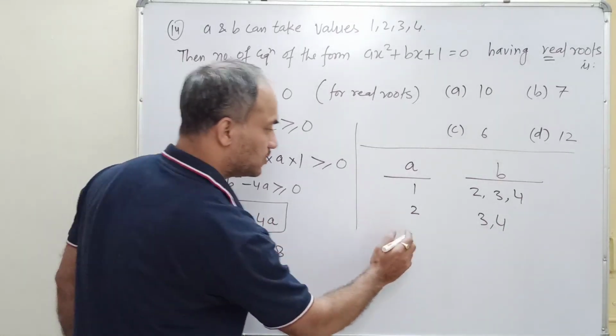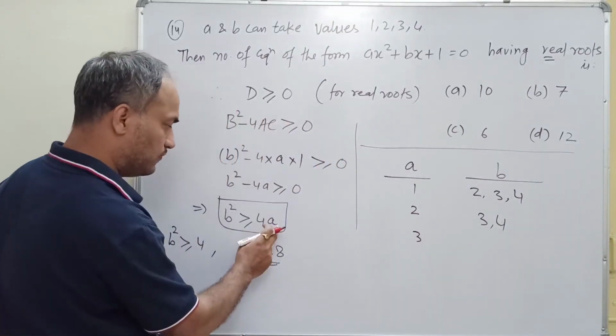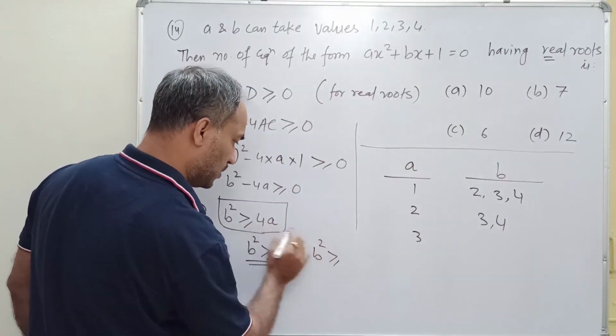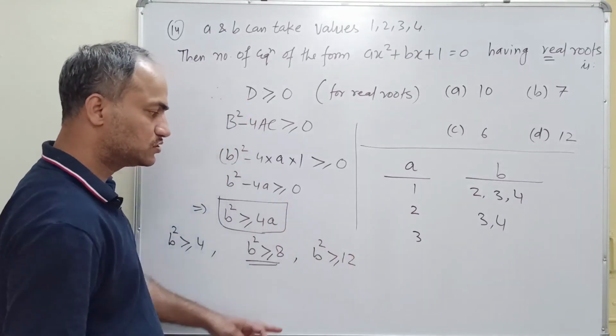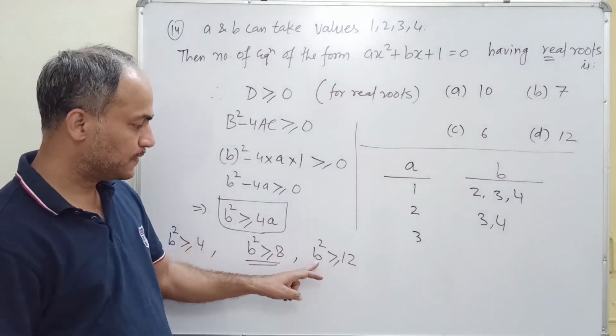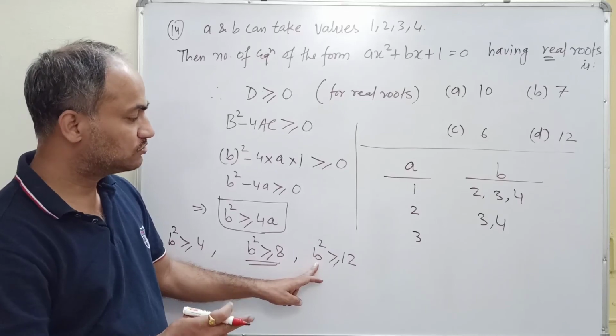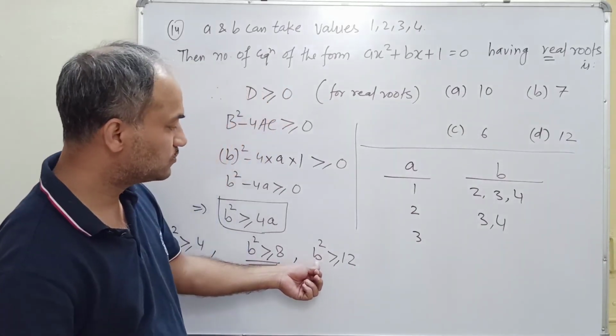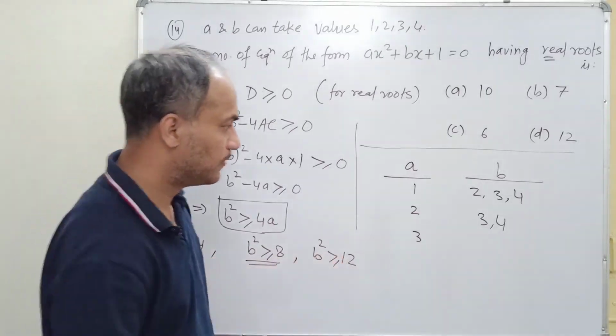Now when we put a is equal to 3 here, 3 4s are 12. So we get b square is greater or equal to 12. Which value satisfies? Obviously 1, 2 and 3 don't satisfy, because 3 square is less than this. Only the value 4 satisfies, as 4 square is okay.